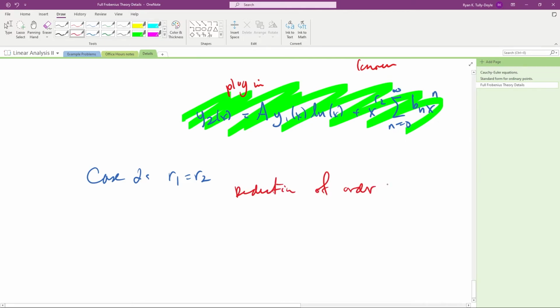Remember, reduction of order was how we discovered that when you had repeated roots in the characteristic equation for constant coefficient equations, you had to multiply your solutions by x to get linearly independent solutions. Same thing here. y2 of x in this case, after you do reduction of order, is going to turn out to be y1 of x times the natural log of x plus x^r1 times the sum from n equals 1 to infinity of b_n x^n.